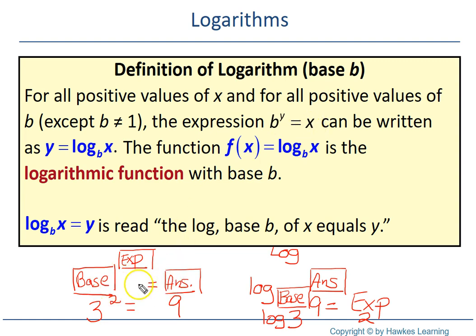Okay, so that's sort of this one. And then we can express the log of base b, which is 3, the answer is 9. And the exponent, of course, would be our value here. So this is read, the log base b of x, that's our answer, equals y. That is, the exponent of this relationship is what y equals. I like it this way a little bit, and have that in your notes, so we'll use that as we move on here.